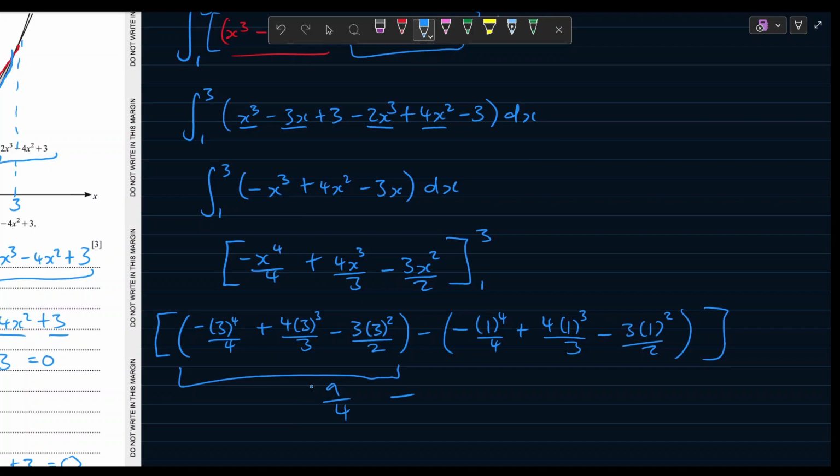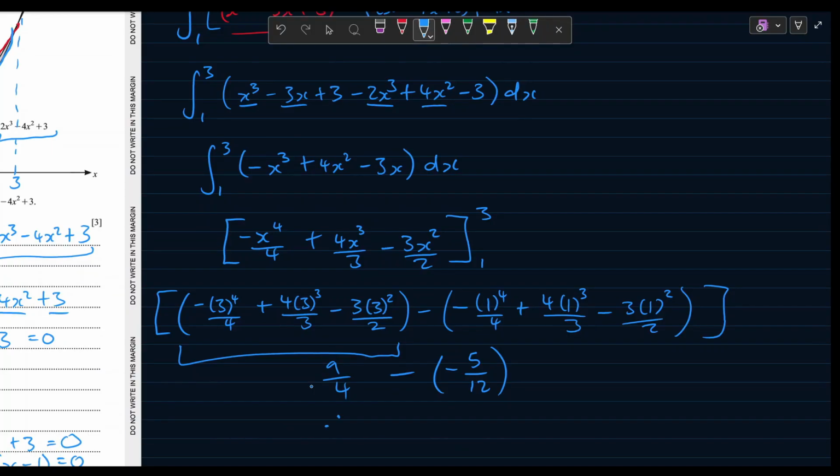Minus our lower limit, so minus 1 to the 4 over 4 plus 4 times 1 to the 3 over 3 minus 3 times 1 to the 2 over 2, and this gives us minus 5 over 12. So that's 9 over 4 plus 5 over 12, which gives us 8 over 3, and that is the area between our two curves.